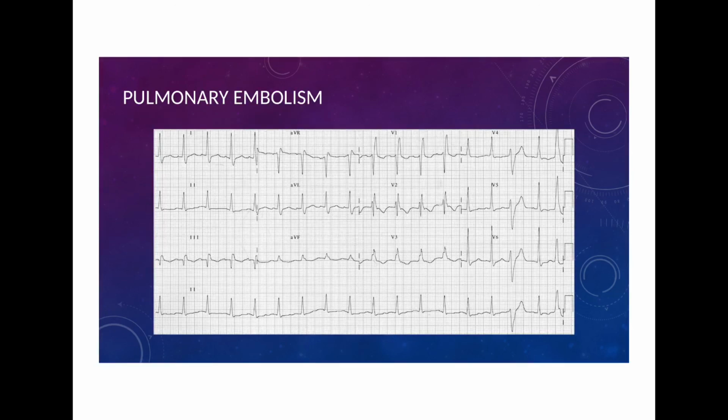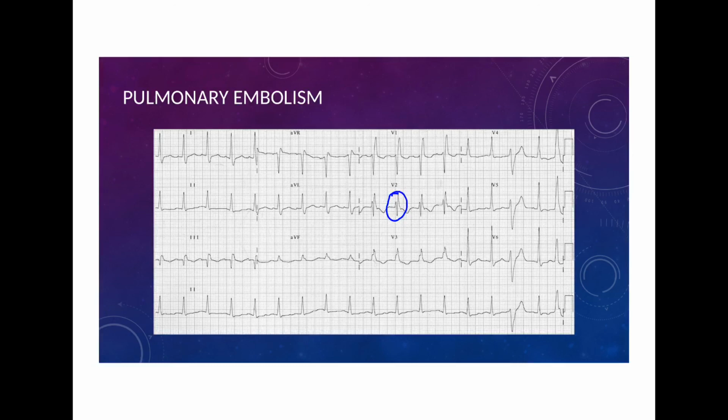So in here, we see an ECG of a patient very likely to have a PE. And a few of the clues that we're seeing are the RSR prime pattern here in lead V2, which is suggestive of a right bundle branch block.